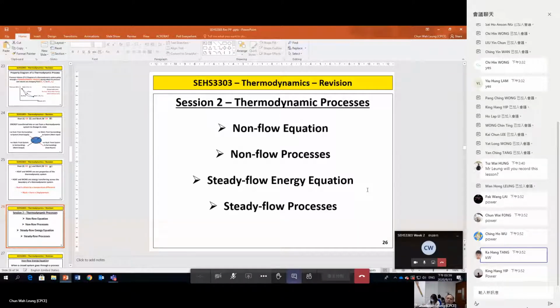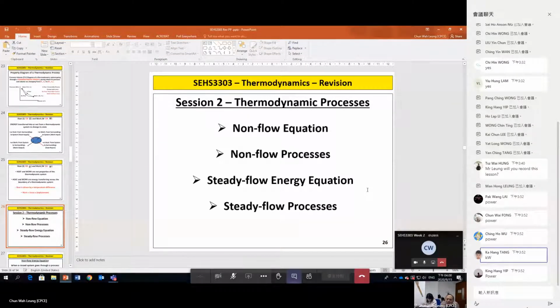In a flow system, when a flow system is going through a process, then we call this process a flow process. And the equation used to describe what happened inside a flow process is the steady flow energy equation. Non-flow equation applied to a non-flow system. Steady flow energy equation applying to a flow system.